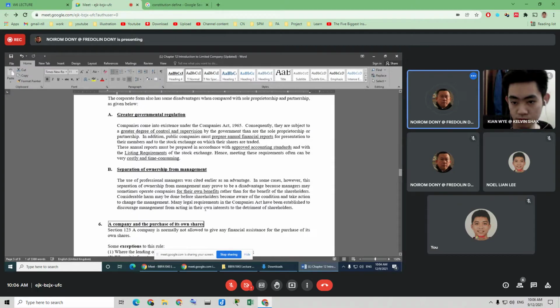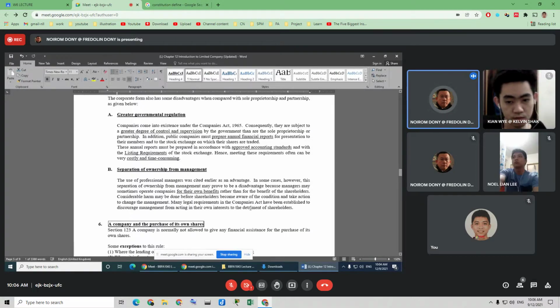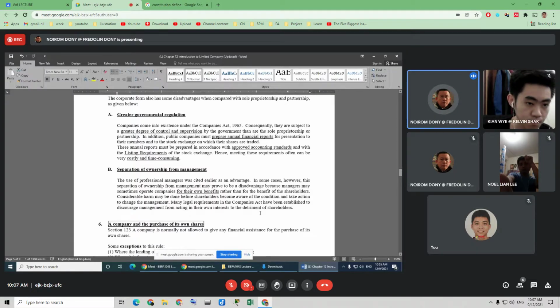Okay, so many legal requirements in the Companies Act have been established to discourage management from acting in their own interests to detriment of shareholders. Okay, so meaning that is why there is a lot of governmental regulation that is imposed on company, because the government is trying to protect the shareholders, trying to protect the public fund.